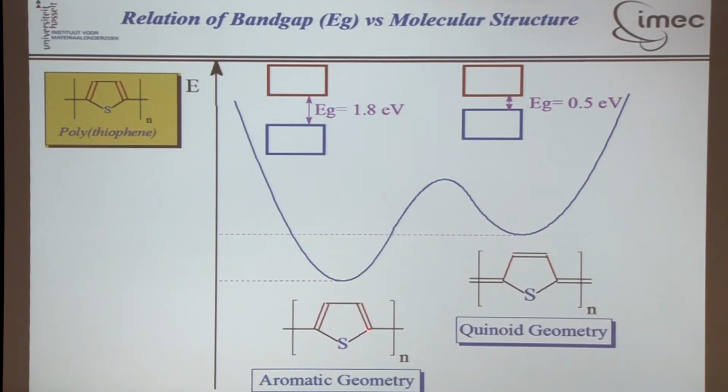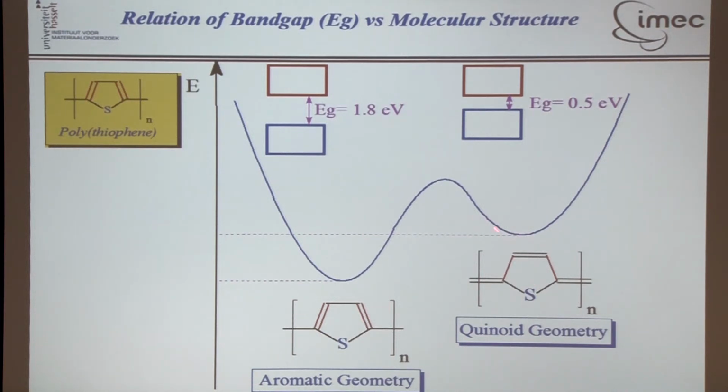Now, in that case, on the energy surface of the ground state, there are two minima for two geometries. One is called the aromatic geometry, and people familiar with aromaticity or organic chemistry recognize here an aromatic structure.